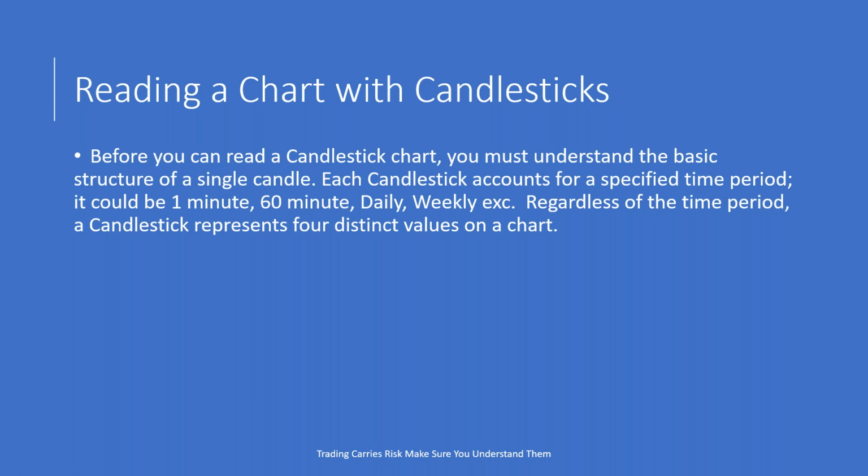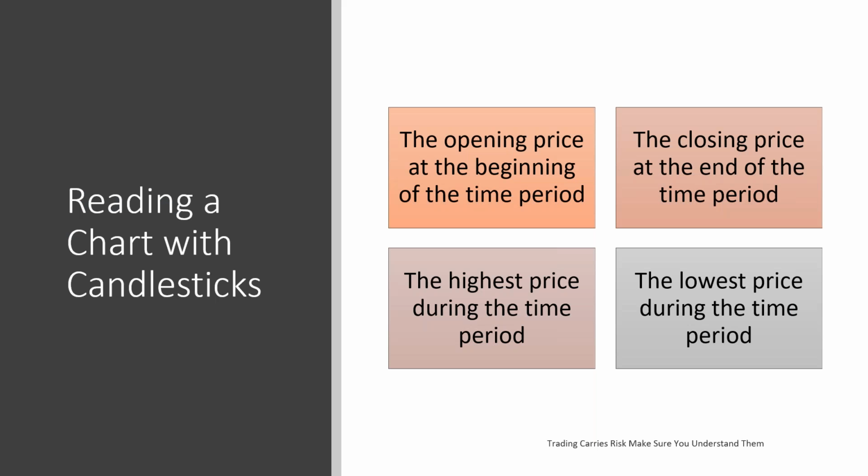It could be a 1-minute candle, a 60-minute candle, a daily or weekly candle, just like a bar chart. Regardless of the time period, a candle represents 4 distinct values on a chart. The opening price at the beginning of the time period, the closing price, the highest price during the time period, and the lowest price, or the open, the high, the low, and the close, also sometimes referred to as an OHLC.